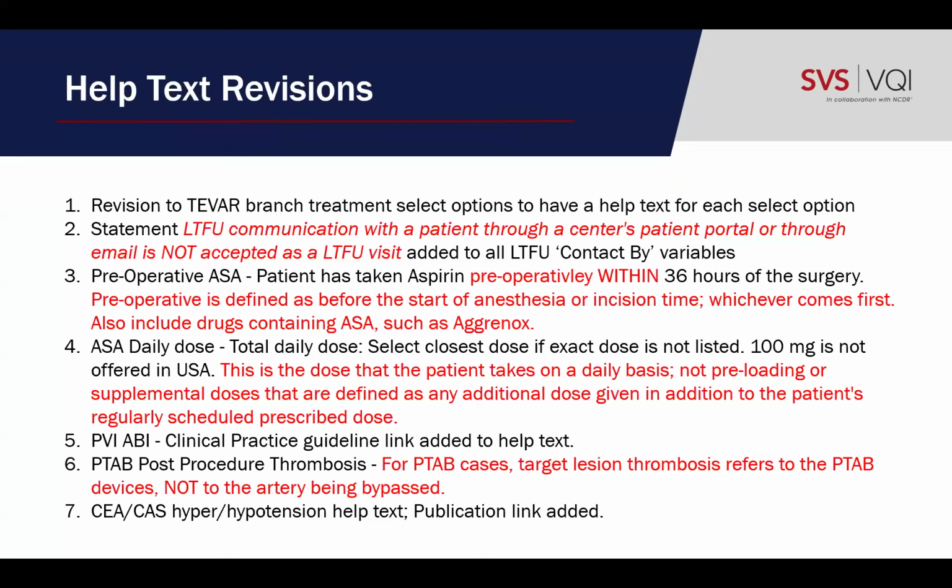For your PVI, ABI variable, the link to the clinical practice guideline was added to the help text. For the PTAB post-procedure thrombosis variable, we had some questions from the industry around the industry project that is centered on this variable, and they requested that the help text be revised to include: for PTAB cases, target lesion thrombosis refers to the thrombosis of the PTAB device, not the artery being bypassed.